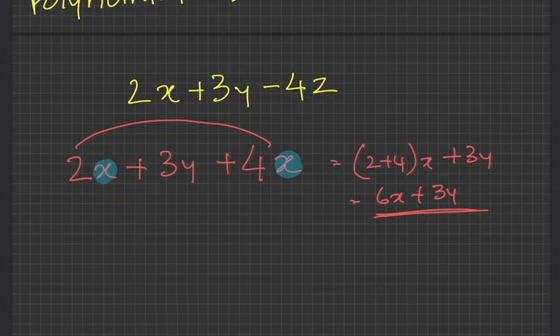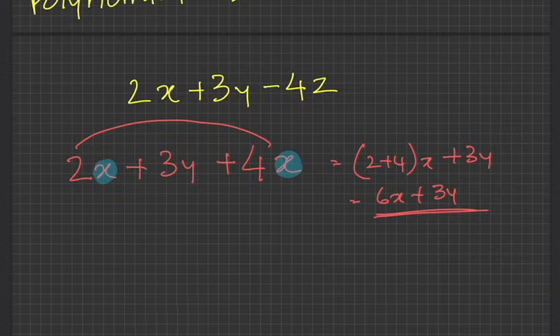No, it is not an example of like terms. 3x and 3a have two different variables, so they are not like terms, right?